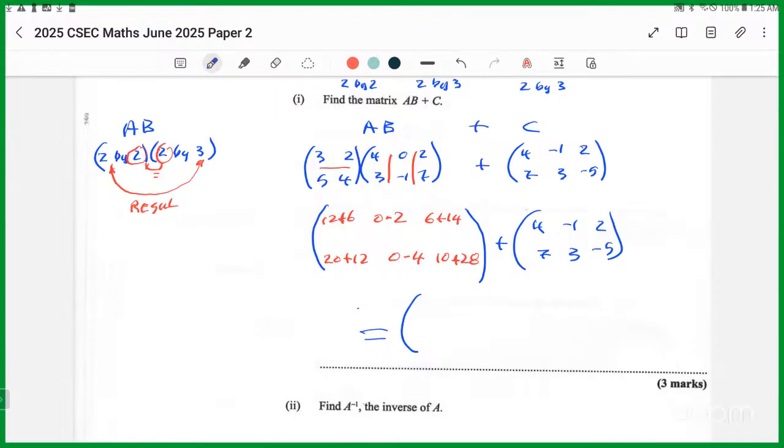Because this is 18, and 4 is 22. This is -2 and this is -1.